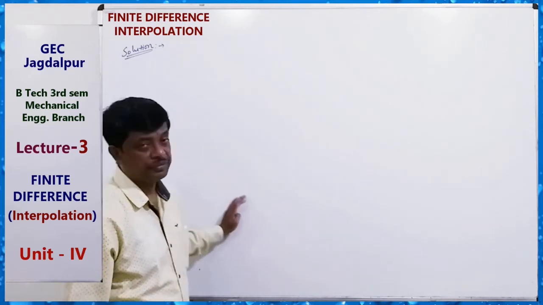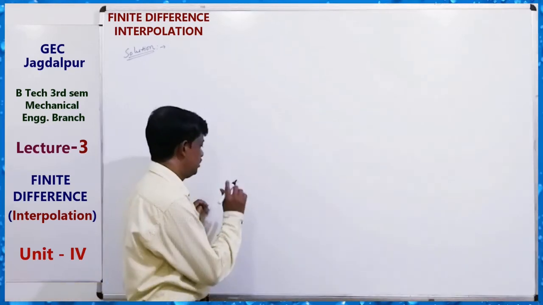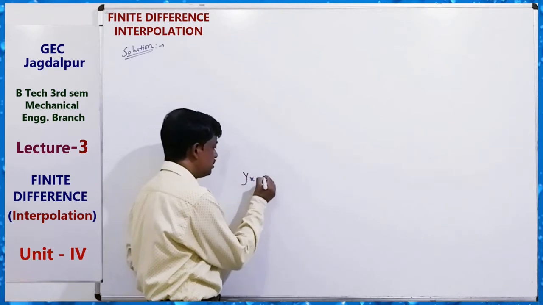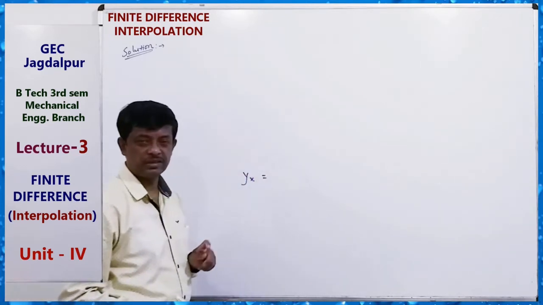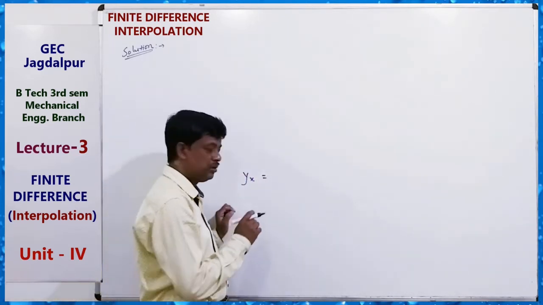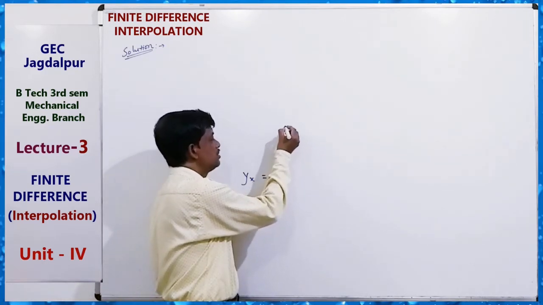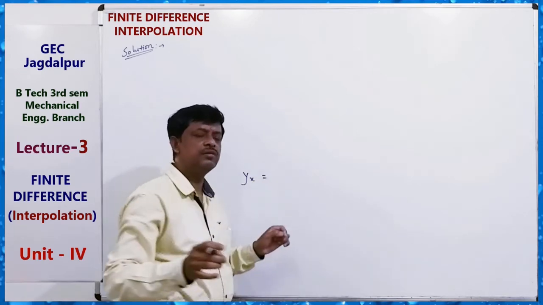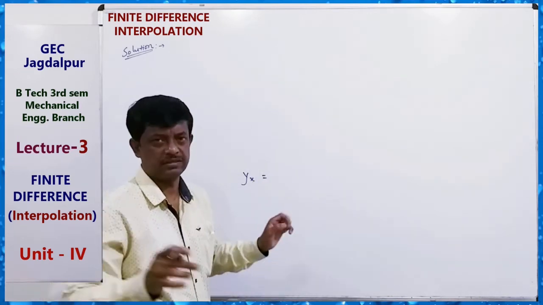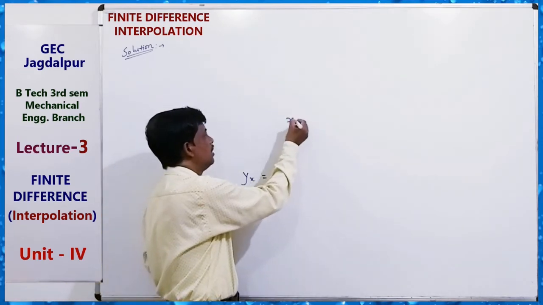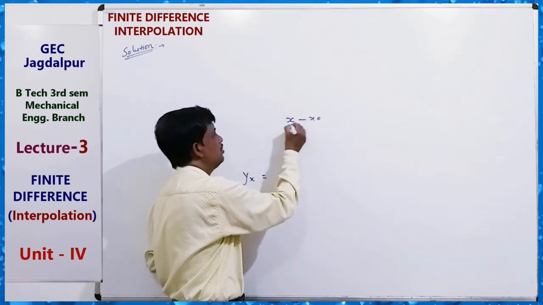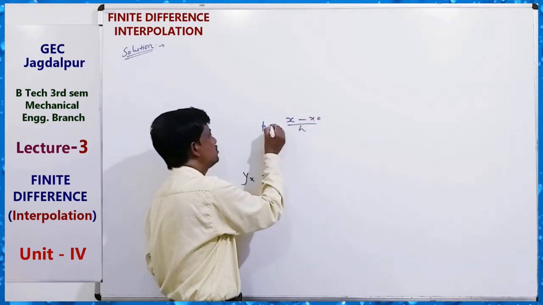So here, by using yx equals to formula, suppose our targeted value is x. That means x minus x0 upon h. This is p equals to.